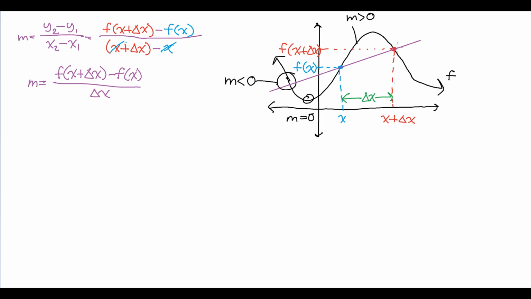Now let's move the red point. We're going to move that a bit closer to the blue point, x. So let's put it over here. So this will be our new x plus delta x, and this will be our new delta x. So let's draw our purple line. The purple line is basically our approximation line.